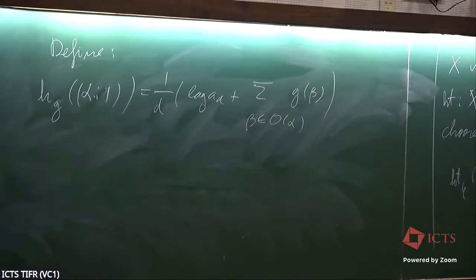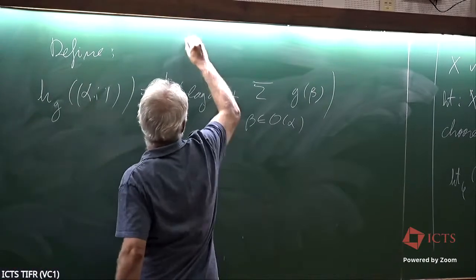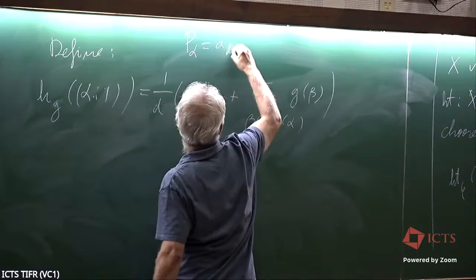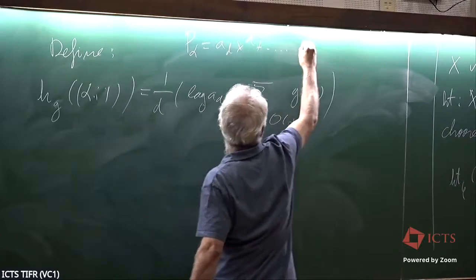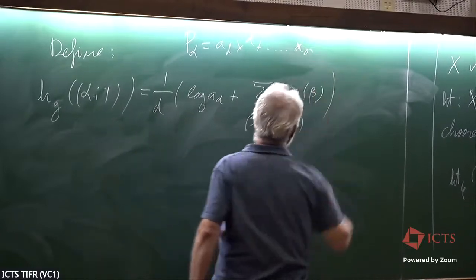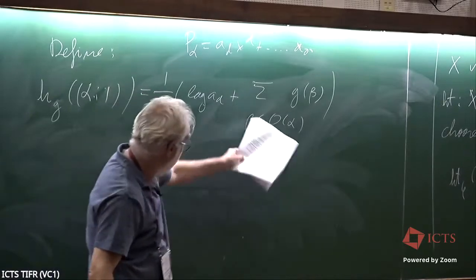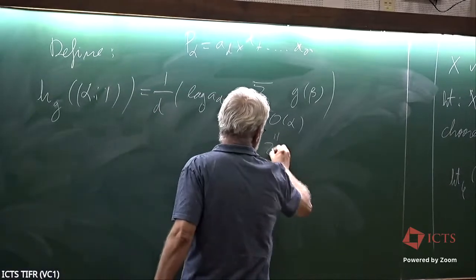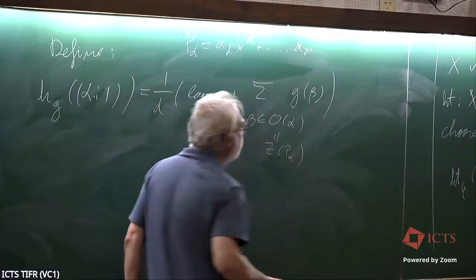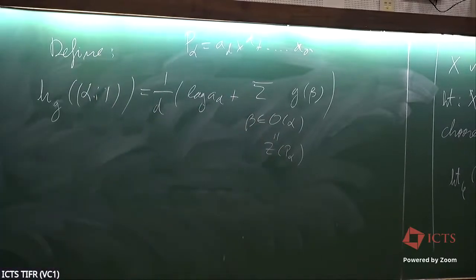Here I am using all the notation as before. So I have my polynomial P alpha that will be a_d x to the d plus ... plus a_0, okay? And then the orbit of alpha is the same as the zeros of my polynomial P alpha. So observe that this definition is more or less the same we obtain for the Weil height.